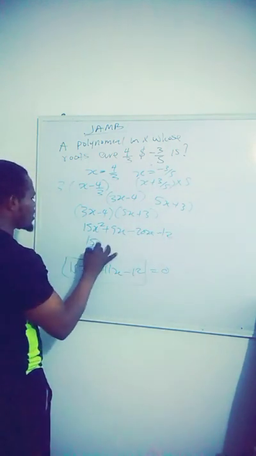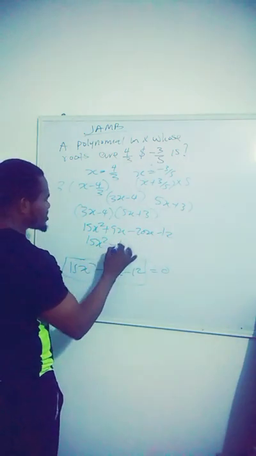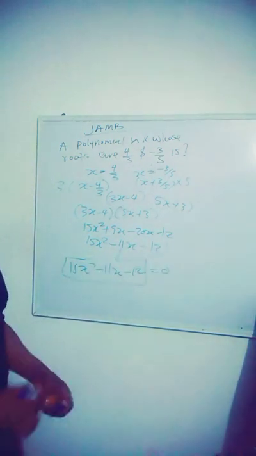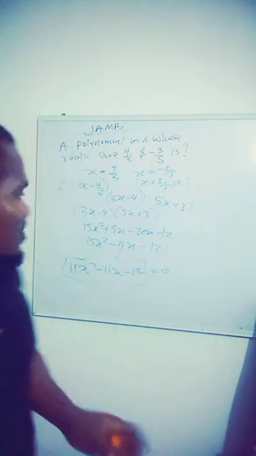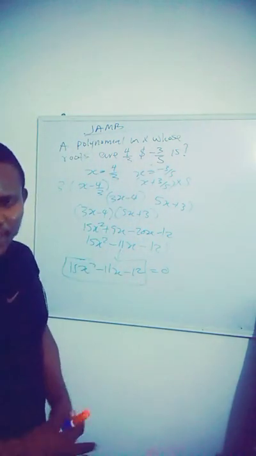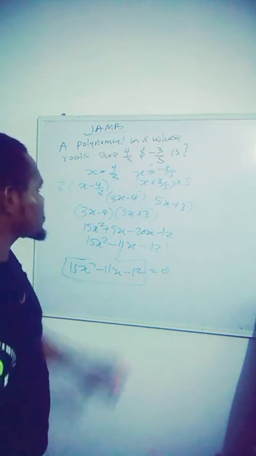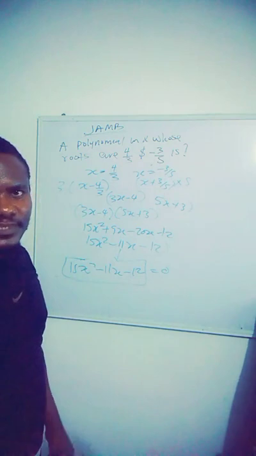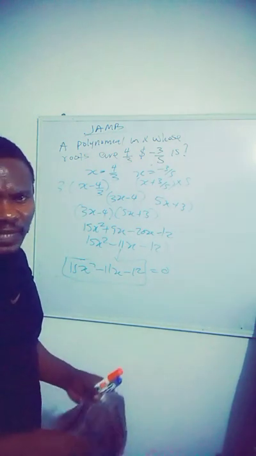So 15s squared, 9s and minus 20s give minus 11s, minus 12. So it's actually right. Which one is simpler? Which one is faster? You remove the denominator, you make it a linear equation, then you multiply.